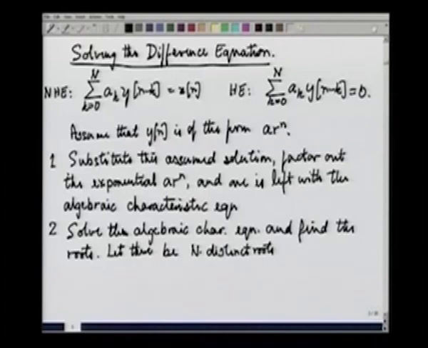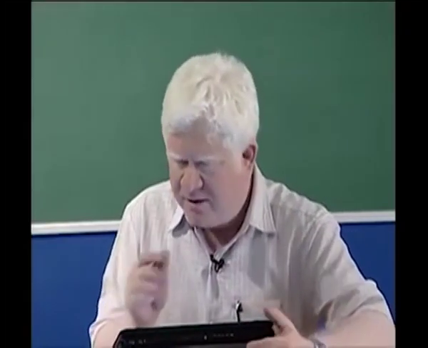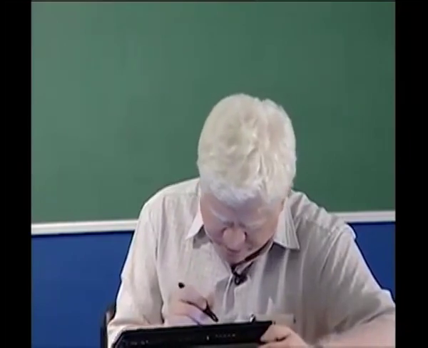If you have n distinct roots, then what you would get is a sequence of n different complex exponentials, each of which would be prefixed with an arbitrary constant.